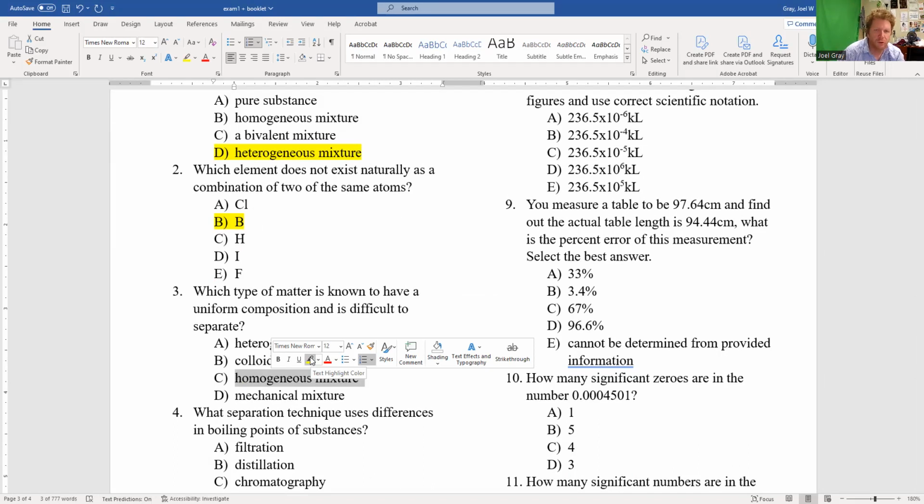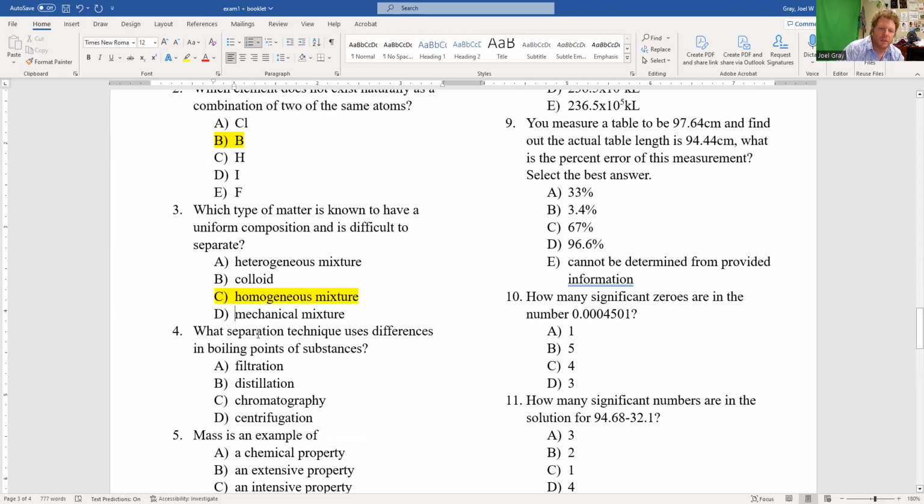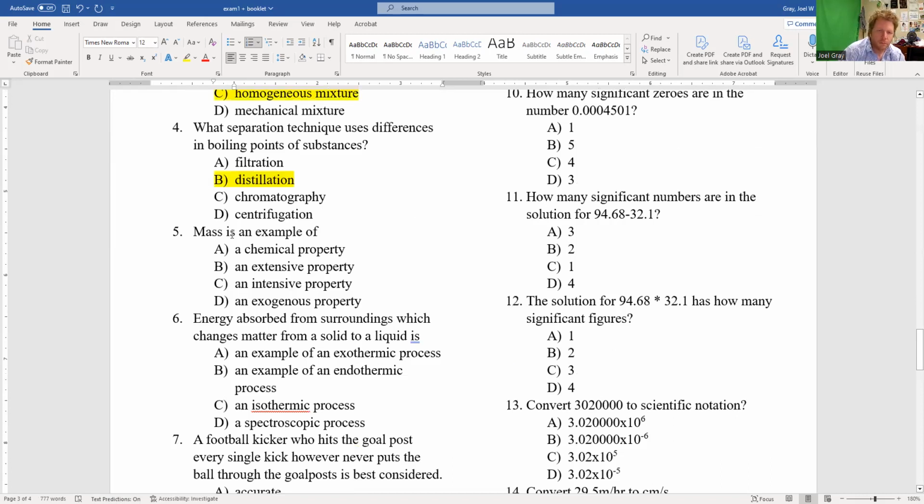So that homogeneous mixture, no matter where you are in that solution, it's going to look the exact same. And it will also therefore be difficult to separate the components. What separation technique uses different boiling points of substances? And that would be distillation. We talked a lot about separating different components of crude oil through distillation.